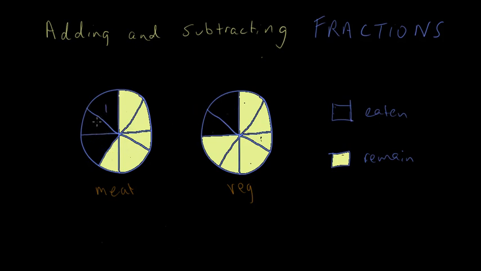3 slices were eaten of the meat pizza. Only 2 slices were eaten of the vegetarian pizza. So there was a lot of pizza left over, unfortunately. How much pizza was actually consumed on the night?